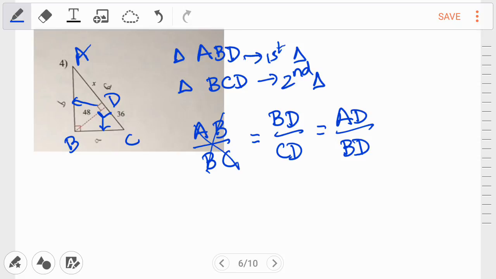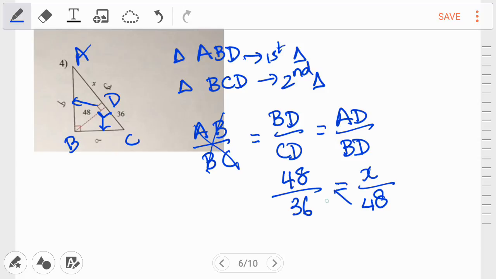We have BD, which is 48, over CD, which is 36, is equal to AD, which is X, over BD, which is 48.